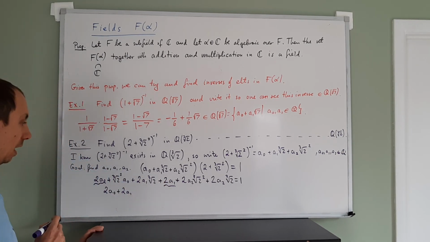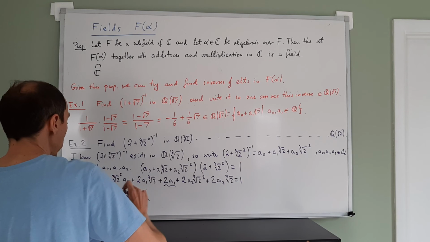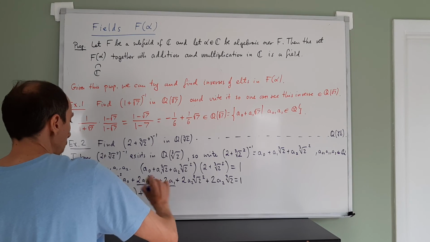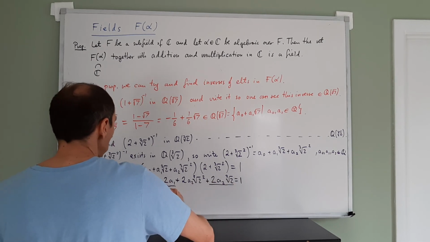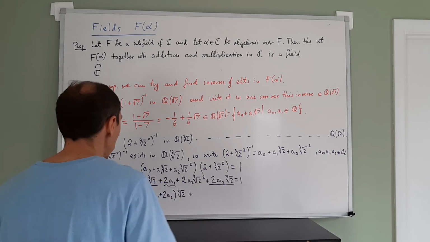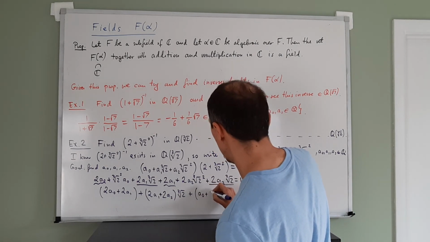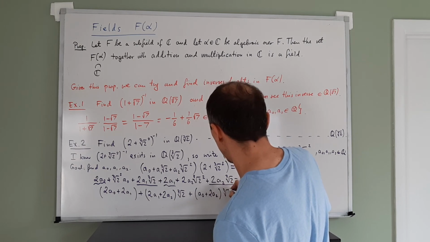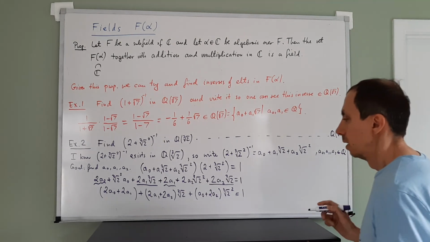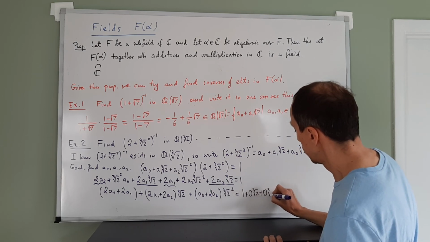So this is the term that does not have any cube root of 2 next to it, plus, now the first power of cube root of 2, so that's going to be 2a1. First power is also here, plus 2a2, plus, now the squares, so that's what remains, a0 plus 2a2 cube root of 2 squared is equal to 1. I can write this side also as 0 cube root of 2 plus 0 cube root of 2 squared.